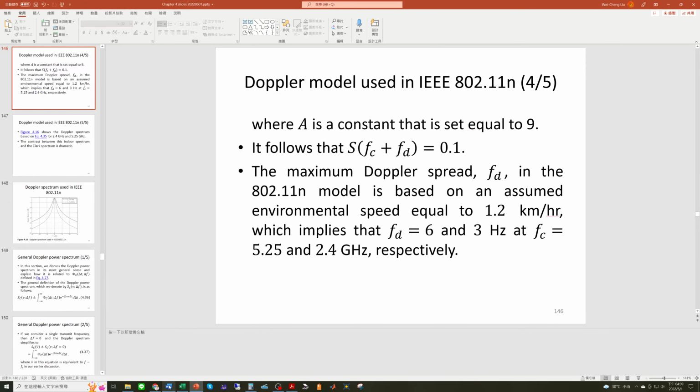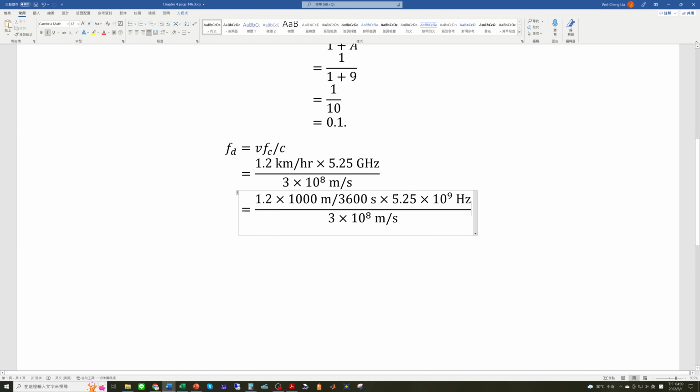Please look at the blackboard. Because I do not have a blackboard, I use Microsoft Word instead. We know that FD is equal to V times Fc divided by C, where V is the relative speed or velocity between the transmitter and the receiver, and C is the speed of light.